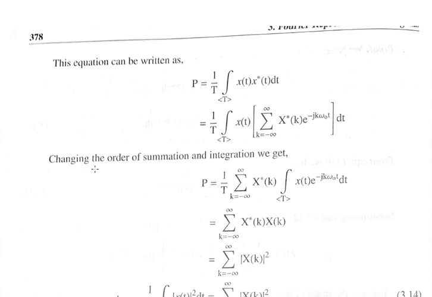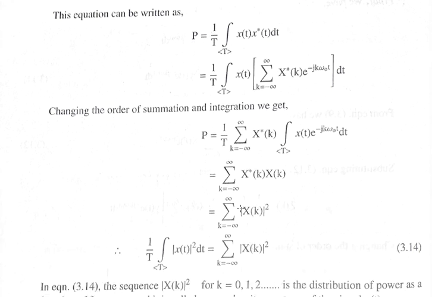dt. When we solve this, P is equal to 1 by T summation. Now we take this outside the summation and the integral is taken inside, x star of k, and this is x of k e raised to minus j k omega naught t, which is nothing but x of k. So which gives us summation k from minus infinity to plus infinity, x star of k times x of k, which is the magnitude of x of k square.